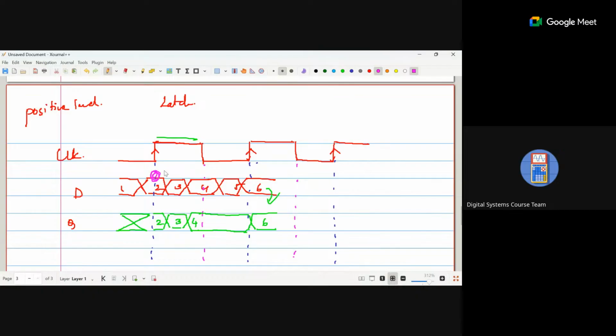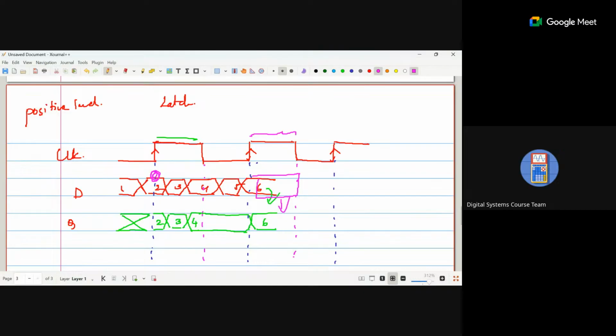But here we consider the entire level, so it changes to 2, 3, 4, and again for this edge, whatever input is given here will come as output here. Okay, so this is how you differentiate latch and flip flop. Latch is level triggered, flip flop is edge triggered.